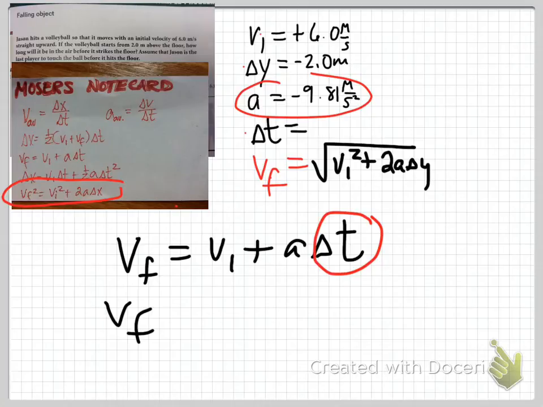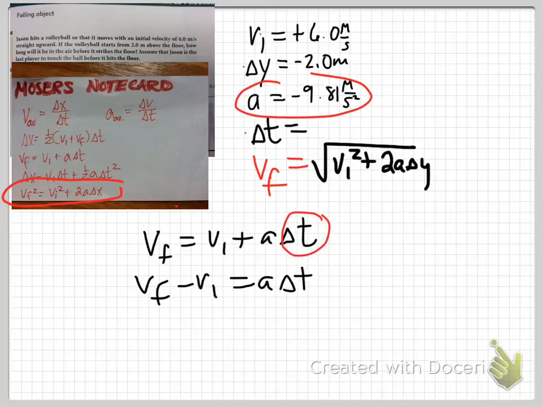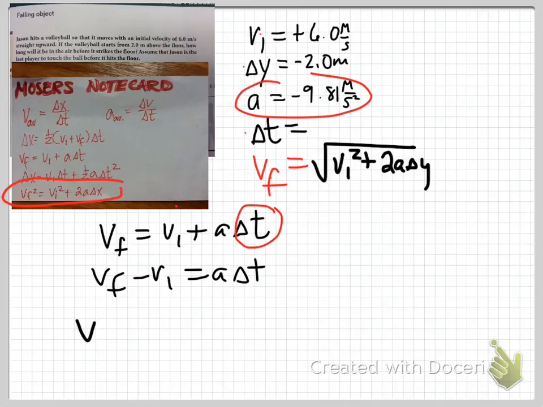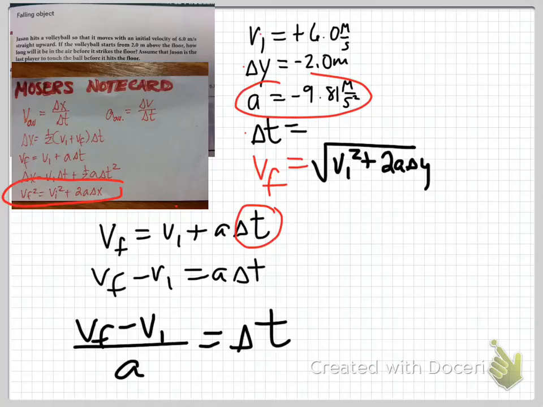So VF minus VI equals a delta t. Let's shrink that. VF minus VI divided by a equals delta t. Well, that's beautiful. That's not so bad.